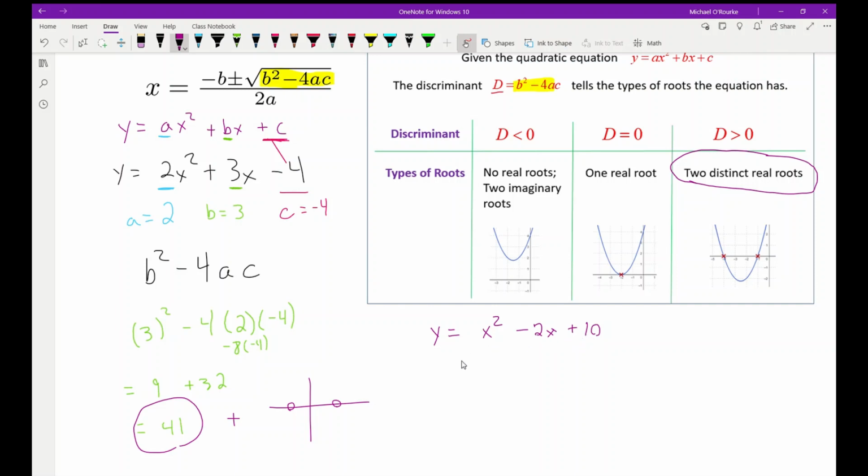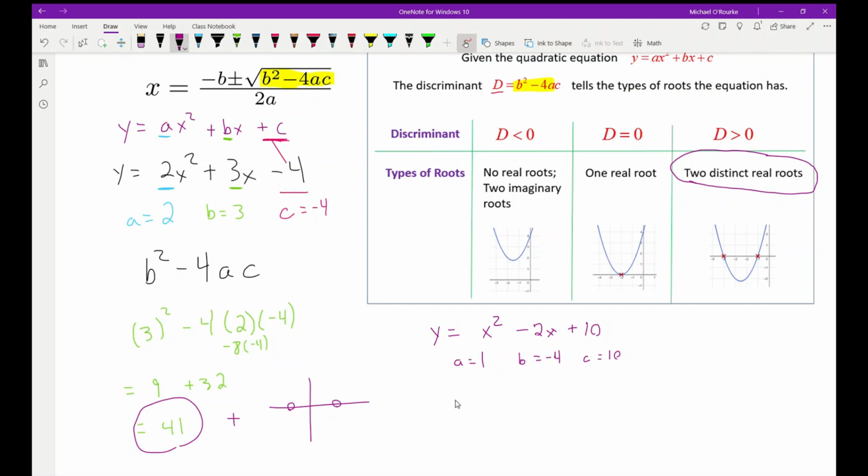So my a value for this one is 1, because that's the number that's in front of the x squared. My b value in this case is negative 4. And my c value is 10.